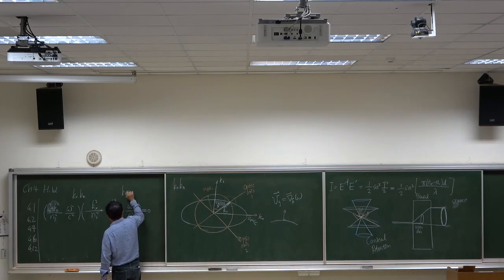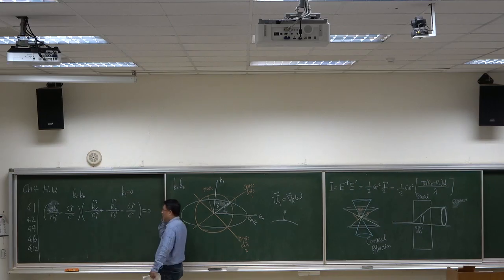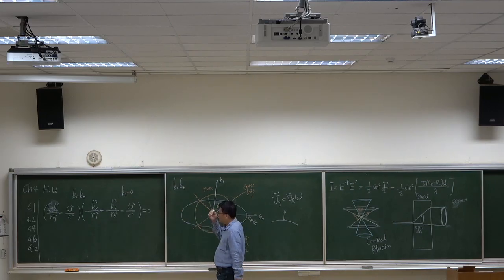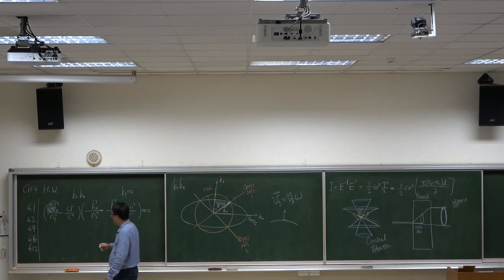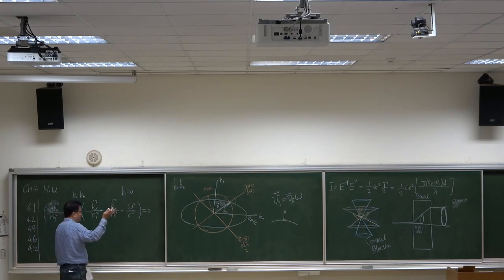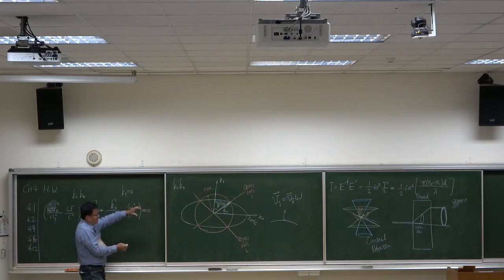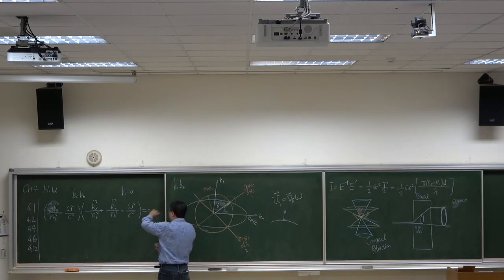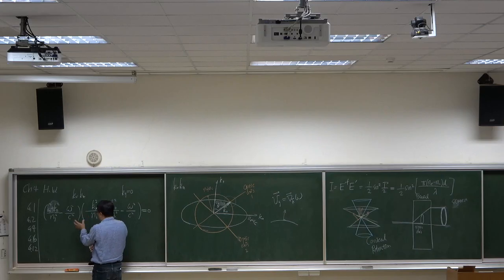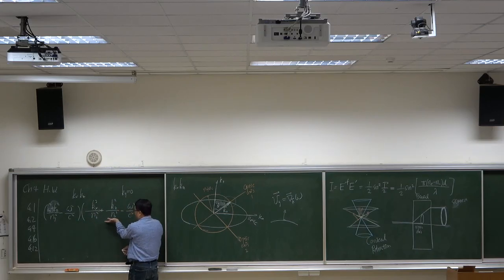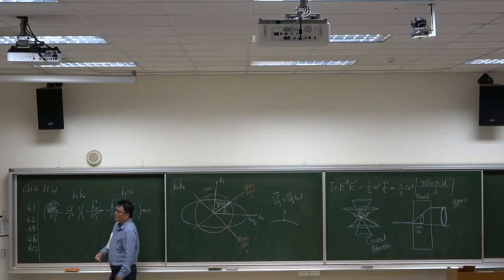So you see that the k0 point has the k satisfying both this circle equation and this ellipse equation.